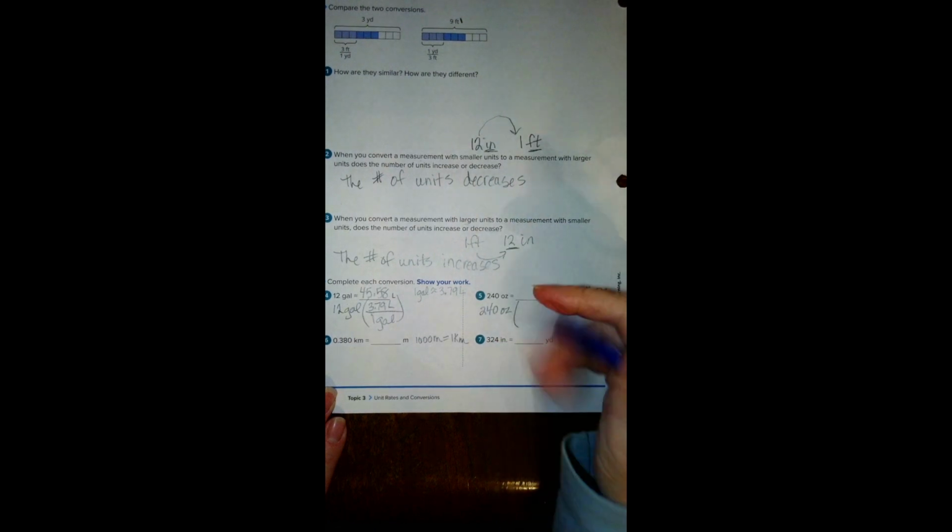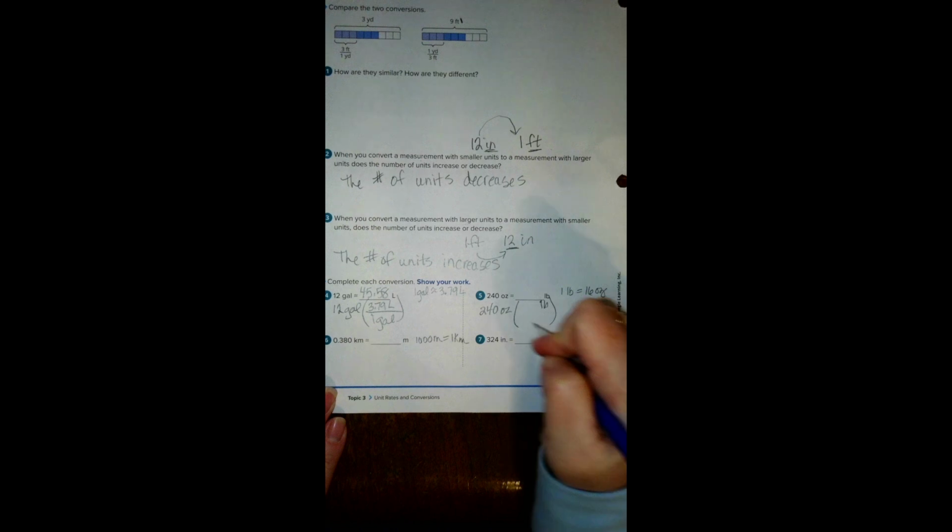Number 5, 240 ounces, and we're going to pounds, so we're starting with the 240 ounces. We have 16 ounces in 1 pound. So then these cancel out just like that did here. So we have 240 divided by 16, which gives us 15 pounds.